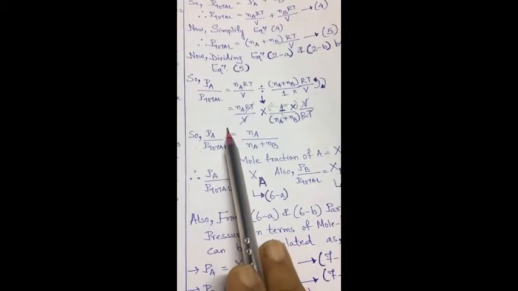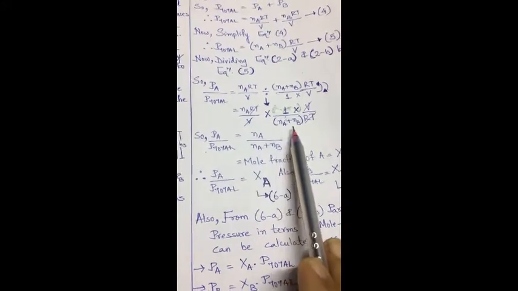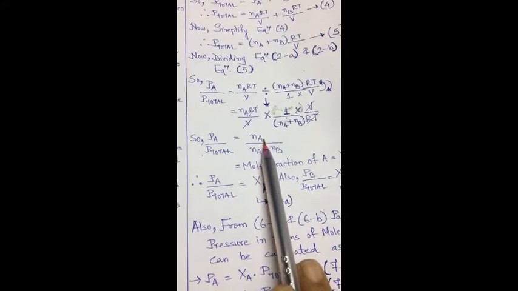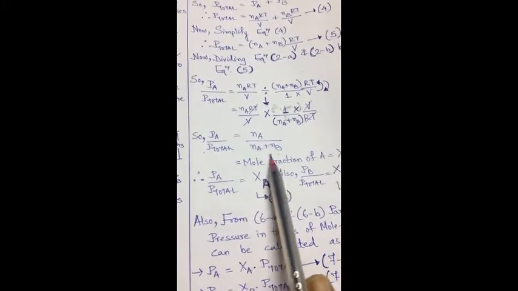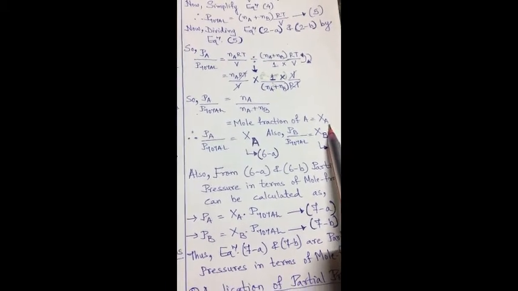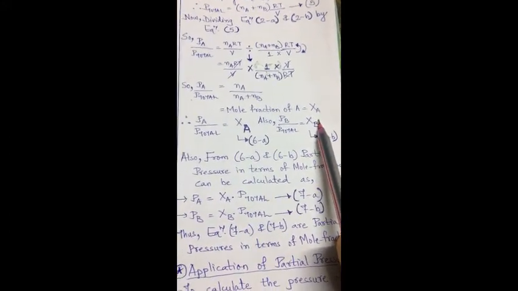So what we got? PA by P total is equal to nA upon nA plus nB. See here, the number of moles of gas A upon the total number of moles of A and B. What is this? The mole fraction of A, which is denoted by capital XA. Similarly, we can get it for gas B also. PB by P total is equal to XB, that is the mole fraction of the second gas.